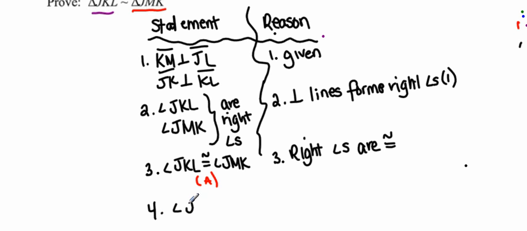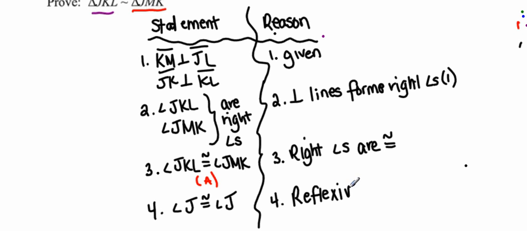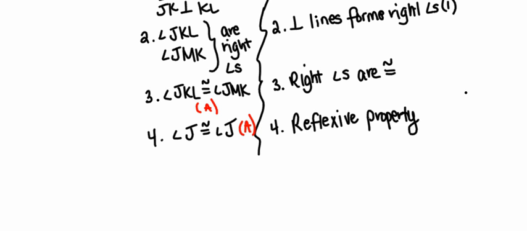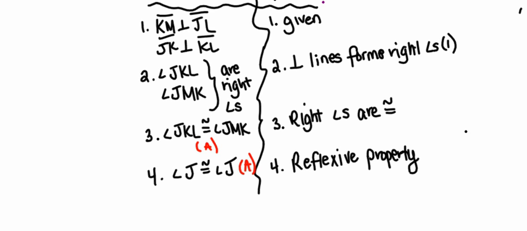My second pair of angles are going to be the shared angles between the two triangles, angle J congruent to itself, and that's the reflexive property. So in statement 3 I have one pair of angles, in statement 4 I have a second pair of angles. My two triangles thus must be similar to each other by that angle-angle similarity postulate.